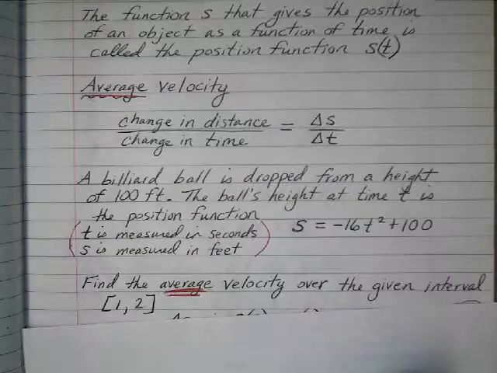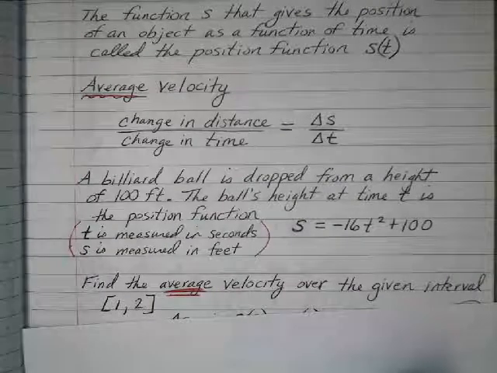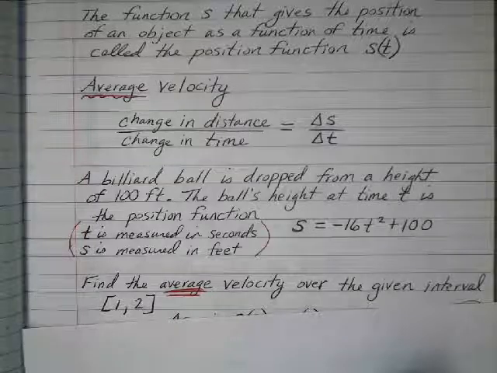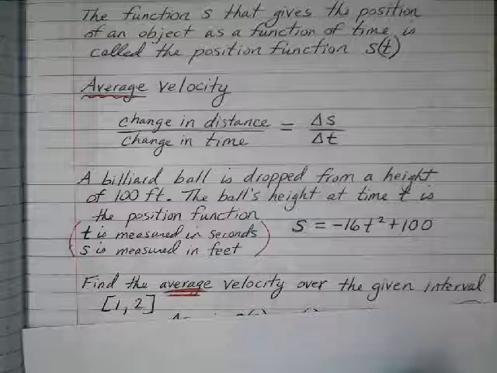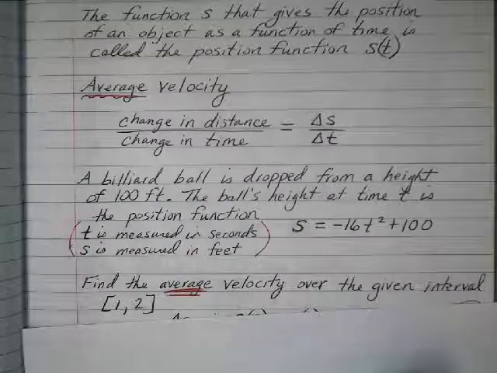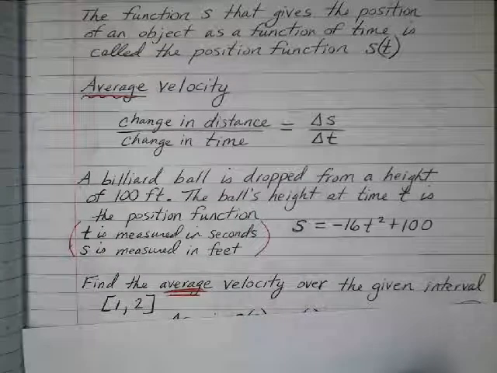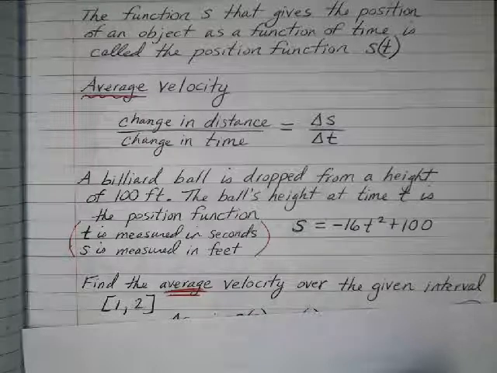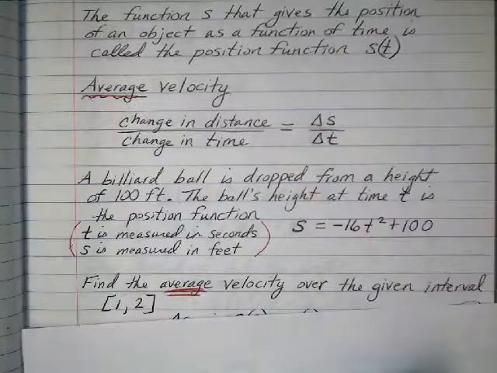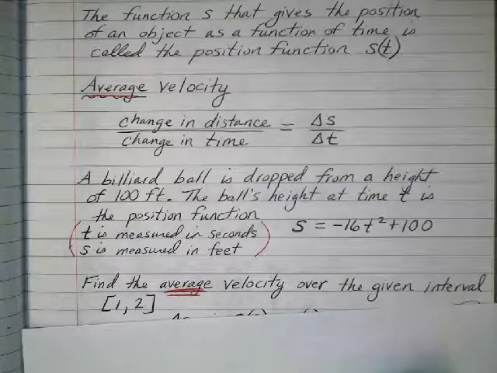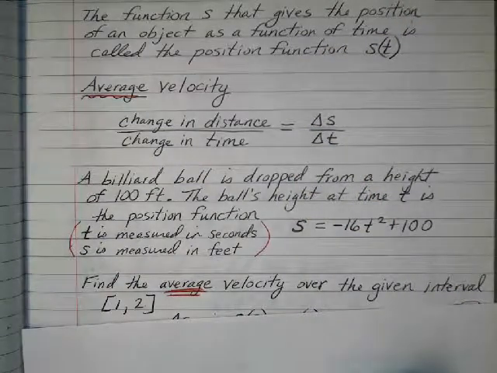When you're doing an average, they're looking for how it's changed over a certain amount of time. Right now, we're not doing the derivative yet. When they say average, it's just plug in numbers and figure out the average change in position and time, like change in distance over change in time. We're not doing a derivative yet.